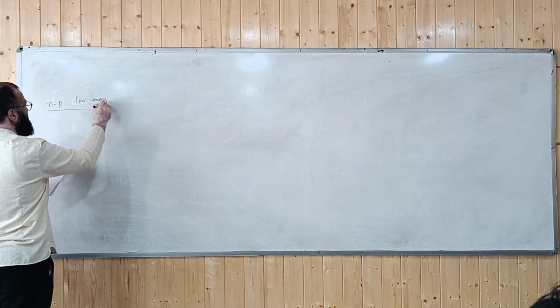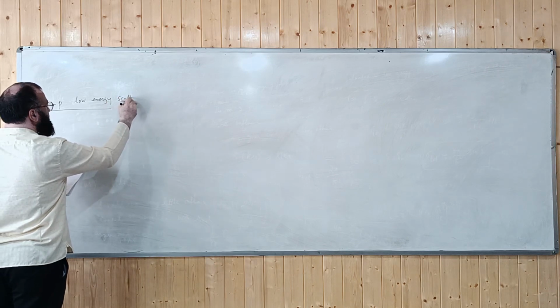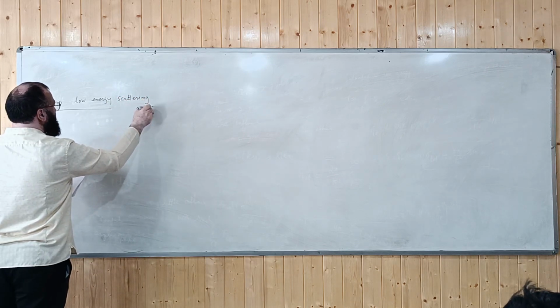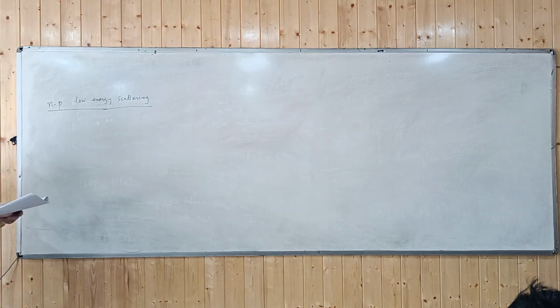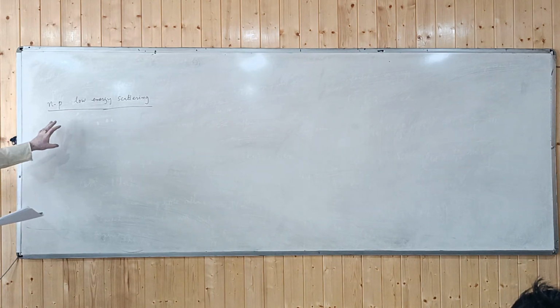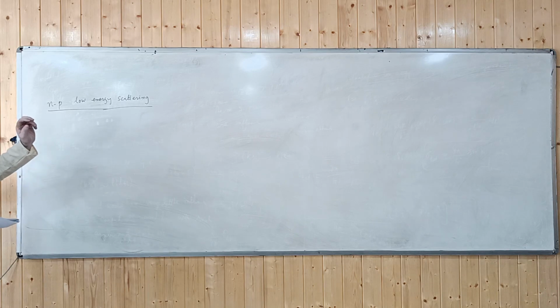How much time is remaining? 10:40. Okay, so let's calculate only the values first, then we'll solve it. I am considering only the low energy scattering, not the high energy. Low energy means typical values, we will see how low it is.